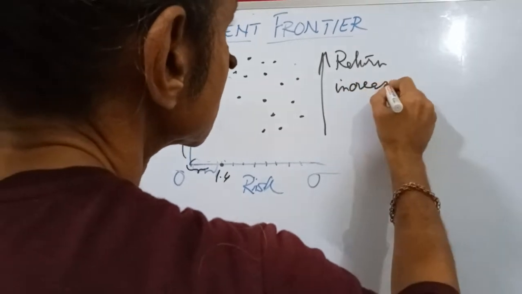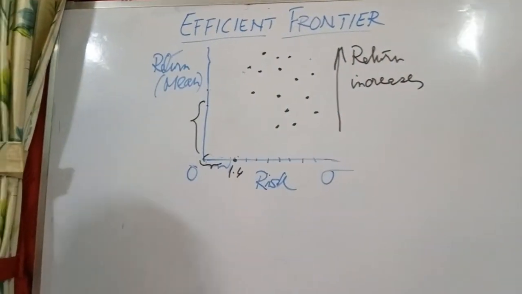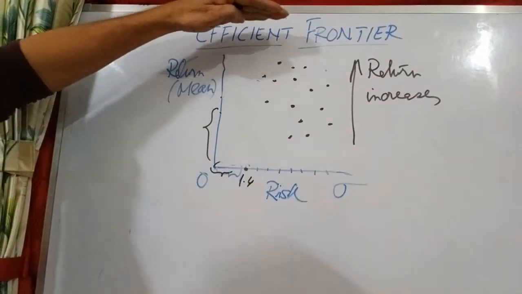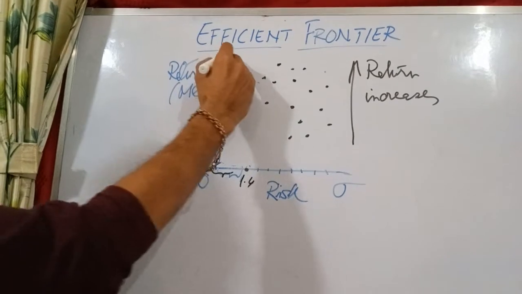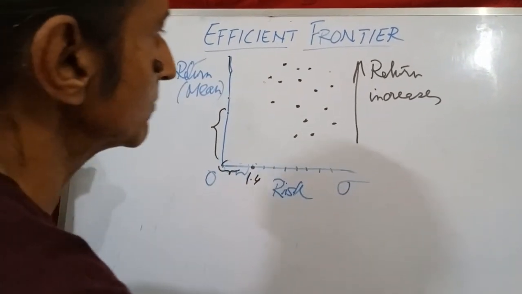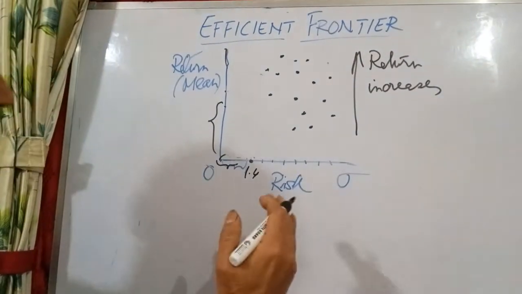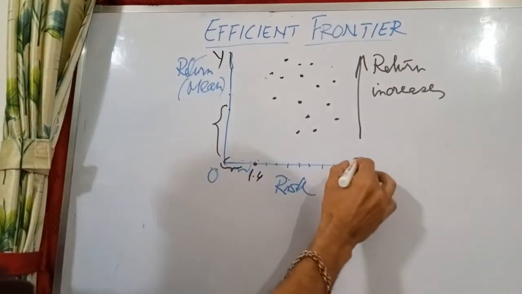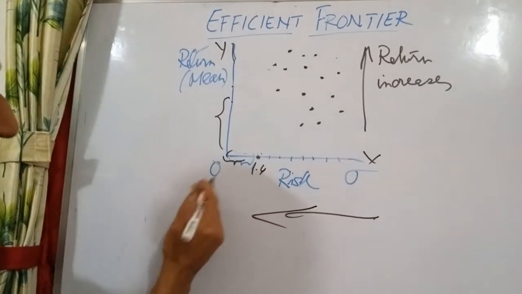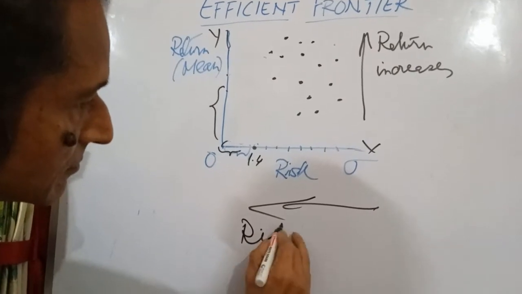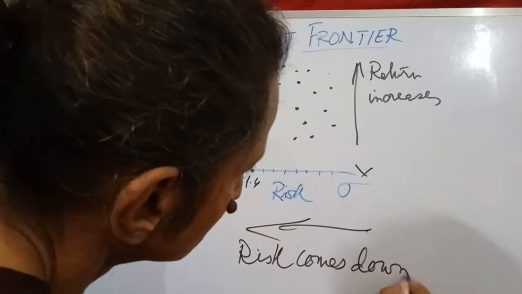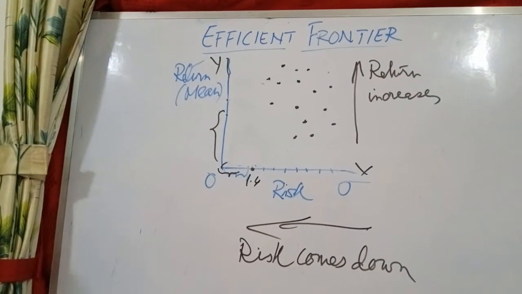Return increases as one moves upward away from the x-axis. On the other hand, if one moves leftward towards y-axis, risk comes down.